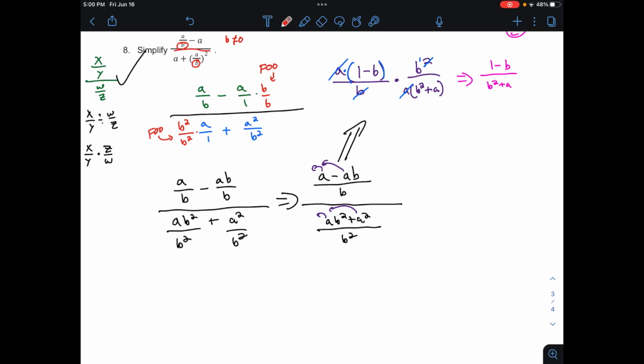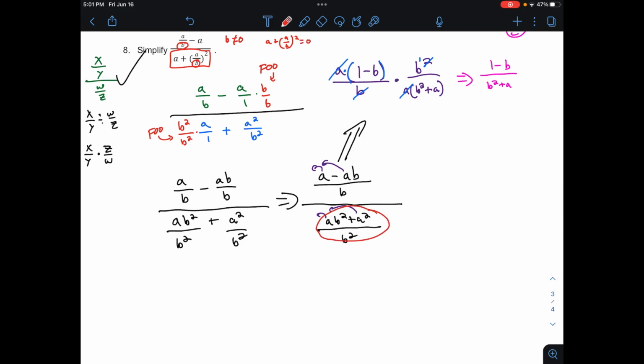We also can't have this whole thing be 0. Well, we also can't have b squared be 0. But that kind of gets covered with b does not equal 0. But that whole thing down there, we can't have a plus a over b squared equal 0.